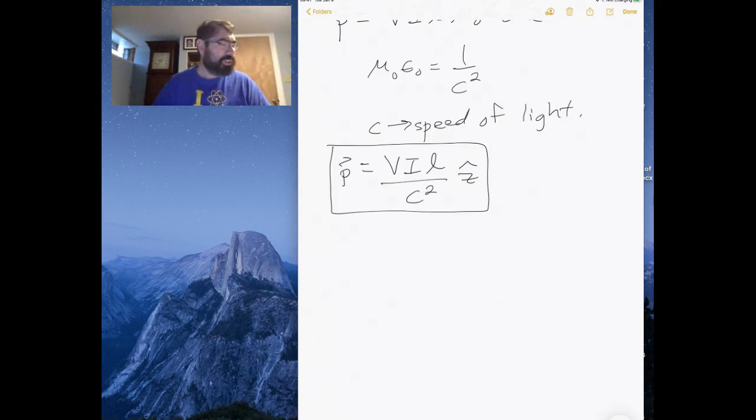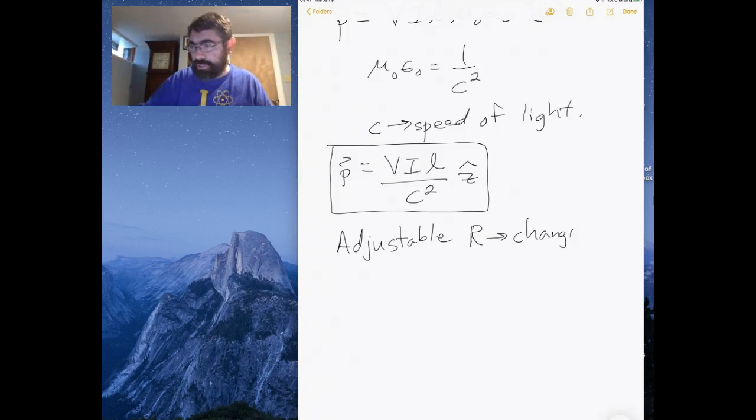Now, we could consider this a different way and say, what if we were to have an adjustable resistor? So this resistor can now change. If I change the resistor, it's going to change the current. So an adjustable R is going to lead to a changing current. So therefore, we're going to have a di/dt.